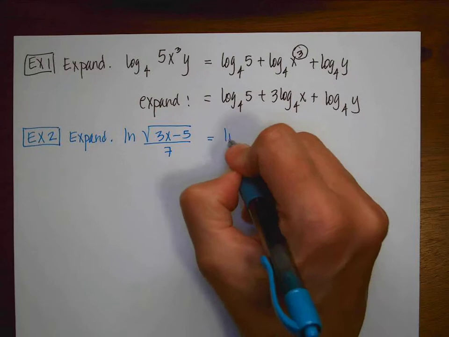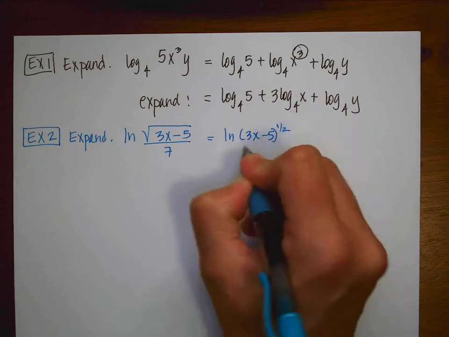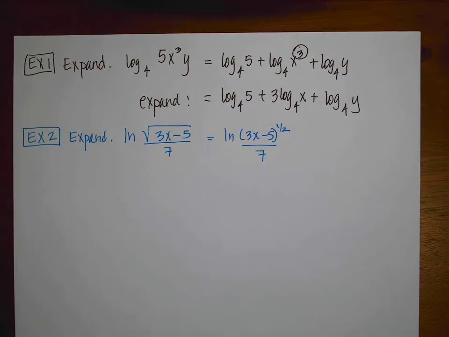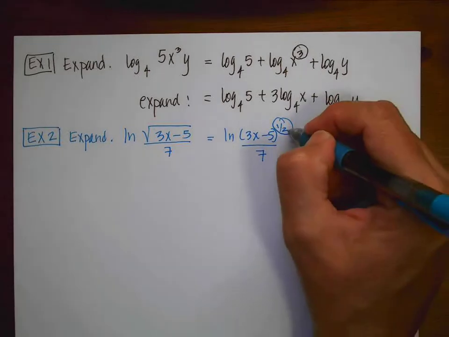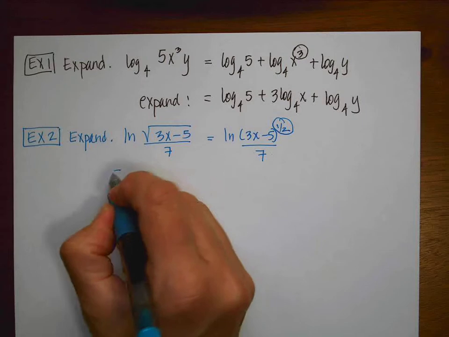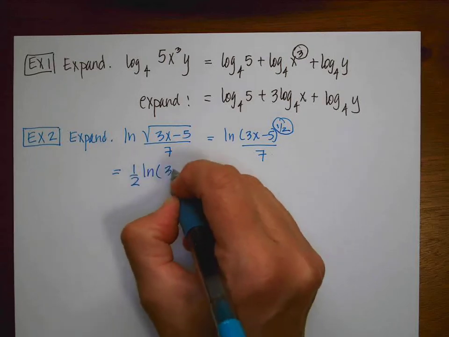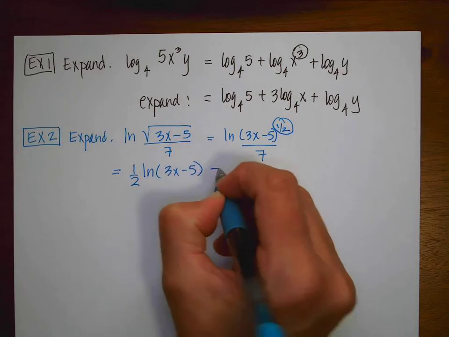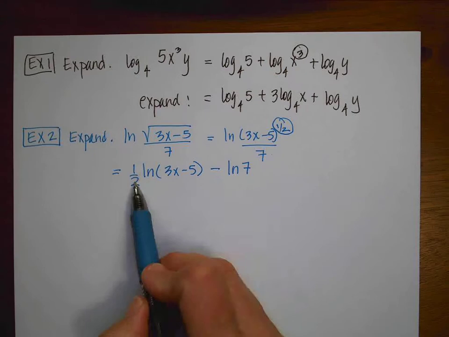So I'm going to rewrite this first. This is the natural log of 3x minus 5 to the 1/2 power, and I'm going to divide by 7. In the interest of time, I'm going to manage the exponent and the division at the same time. So this is going to become 1/2 the natural log of 3x minus 5 minus the natural log of 7.